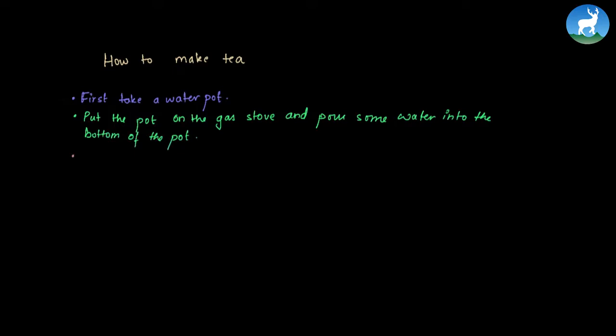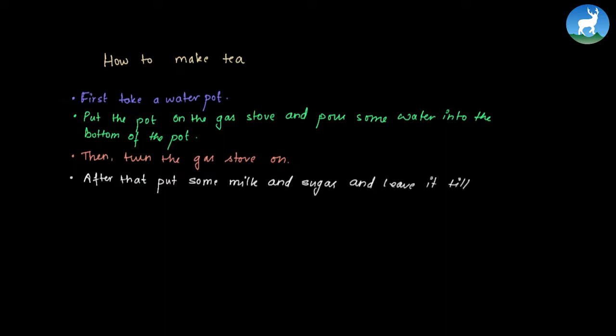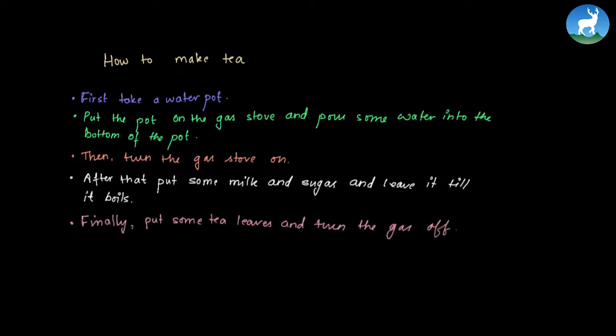Then turn the gas stove on. After that, put some milk and sugar and leave it till it boils. Finally, put some tea leaves and turn the gas off. So this is an instruction to make tea.